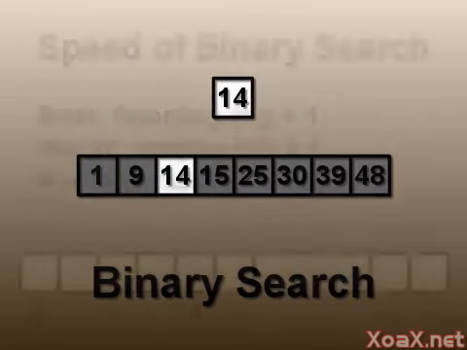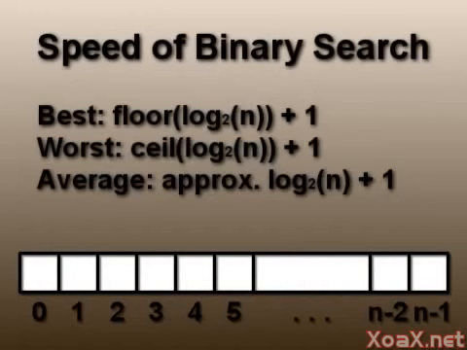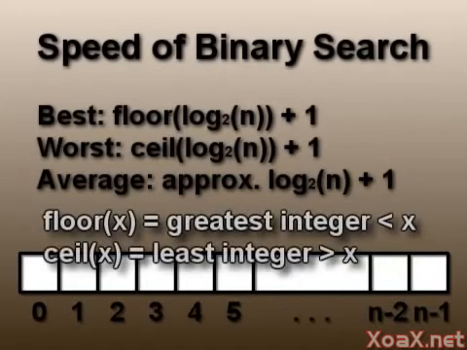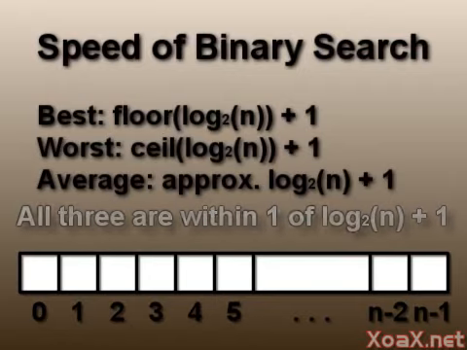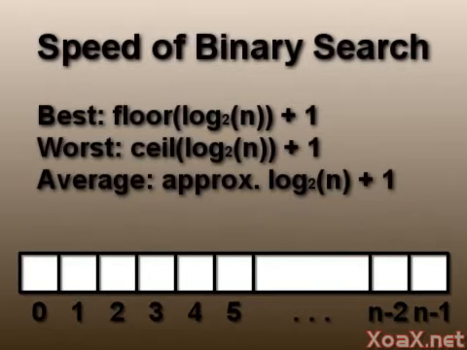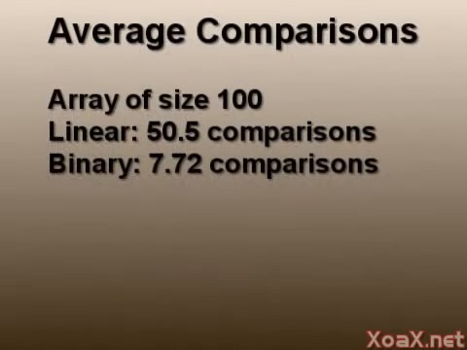Our algorithm for the binary search requires approximately log base 2 of n+1 comparisons for the best, worst, and average cases. As we stated before, the important time is the average time, so the binary search is much faster on average than the linear search. For comparison, consider an array of 100 elements.